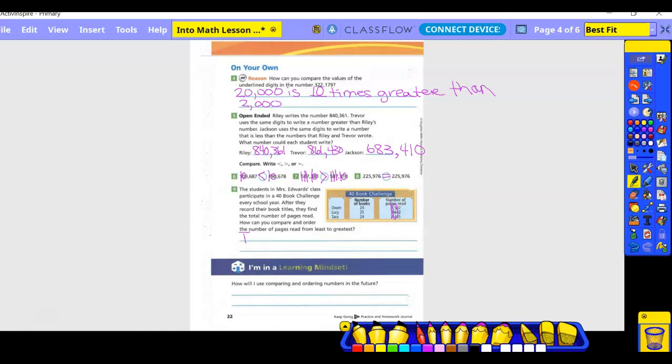Now since we're using names, we can use commas. Tara has 8,465. Who would have the next least amount of pages, Owen or Lucy? Owen, because he has 8,532. And then Lucy has 8,642.